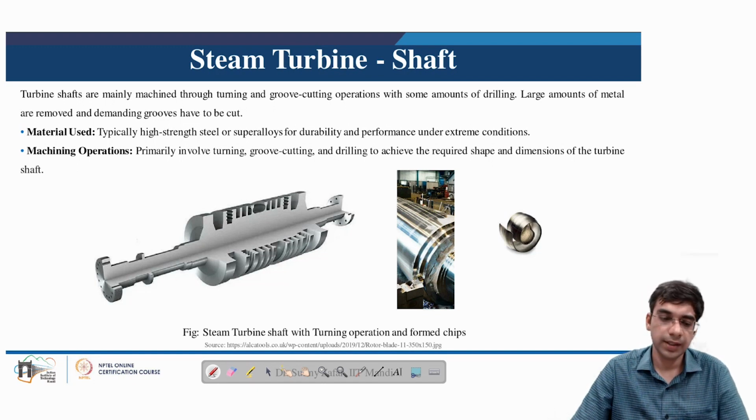Large amounts of material are removed and demanding grooves have to be cut. Materials for the shaft include high strength steel and super alloys for durability and performance under extreme conditions. Machining operations involve turning, groove cutting and drilling to achieve the required shape and dimensions of the turbine shaft.